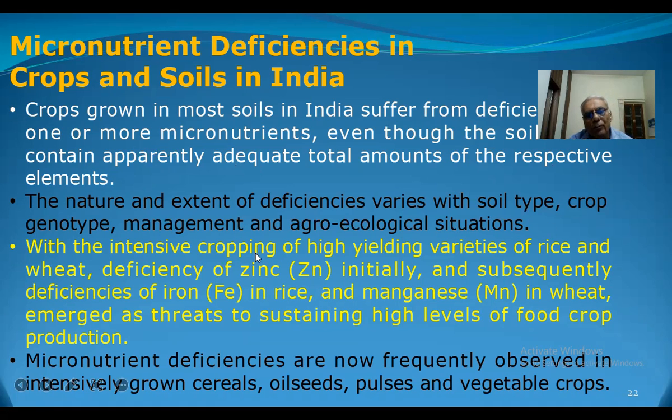With intensive cropping of high-yielding varieties of rice and wheat, deficiency of zinc initially, and subsequently deficiency of iron in rice and manganese in wheat, emerge as a threat to sustaining a high level of food crop production. Micronutrient deficiencies are now frequently observed in intensively grown cereal, oilseed, pulse, and vegetable crops in India.